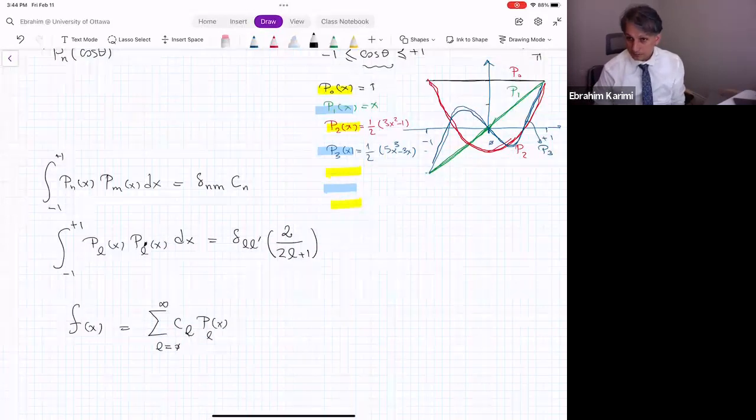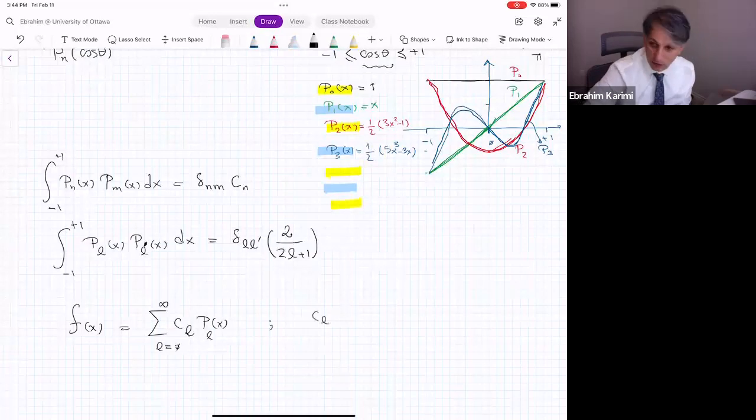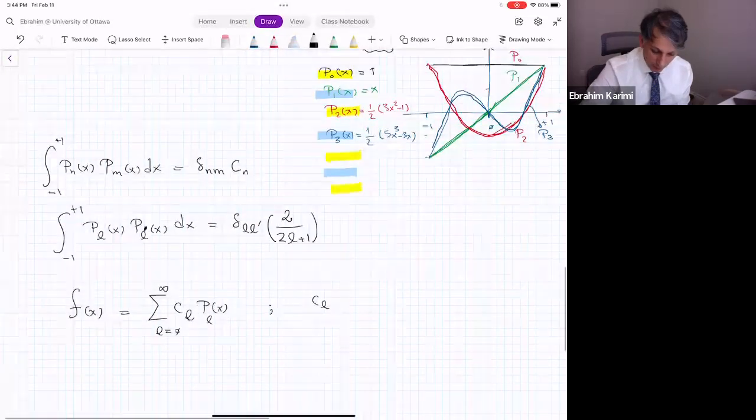And what is C_L? The expansion coefficient.